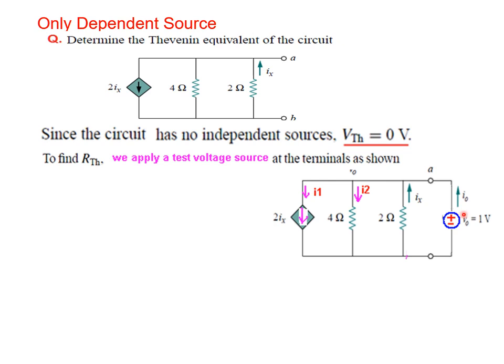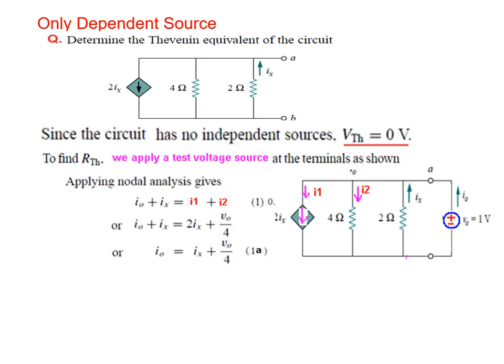Now since this voltage V naught is across this, across this, and across this, the nodal voltage we'll name as V naught. Now by KCL, we can write the current entering I naught and Ix, and current leaving I1 and I2. So I naught plus Ix is equal to I1 plus I2.